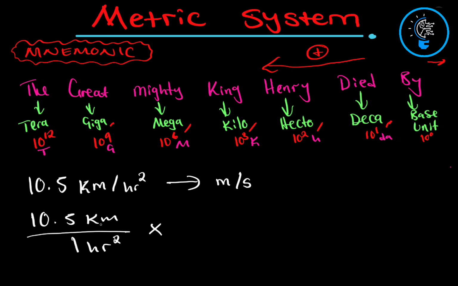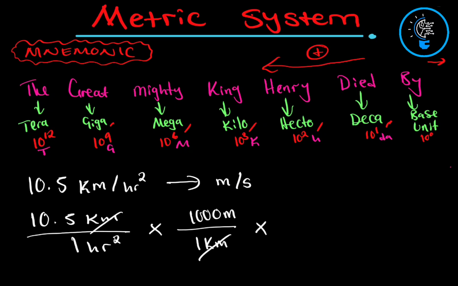To convert length, we know that in 1 kilometer, we have 1,000 meters. So meters and kilo will cancel. We're remaining with meters, so we are done converting length.